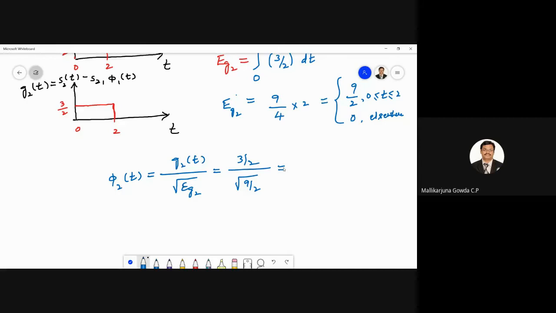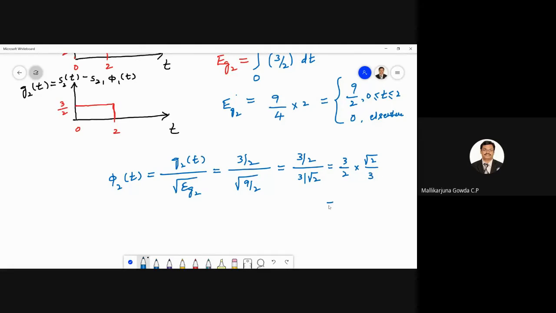Hope people understand. 3 by 2 divided by root of 9 by 2 can be written as what? Let me write 3 by 2. So I can write 3 by square root of 2, is that fine? So which is nothing but 3 by 2 into root of 2 by 3, right?